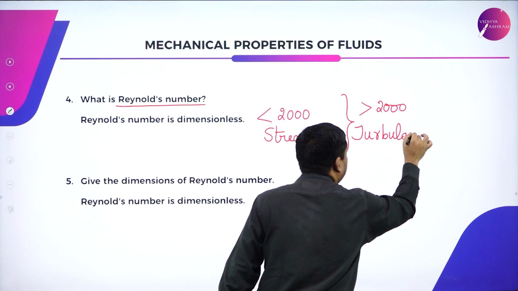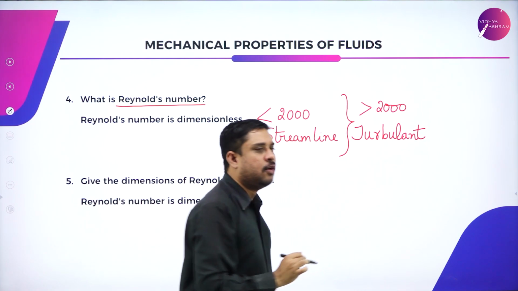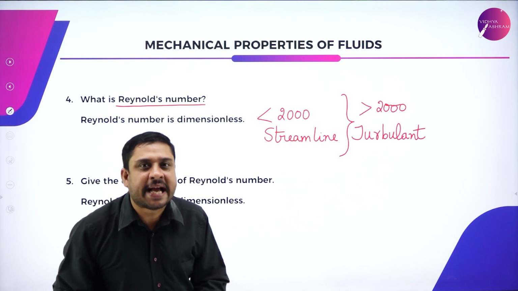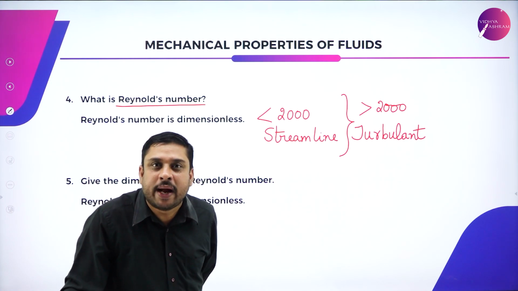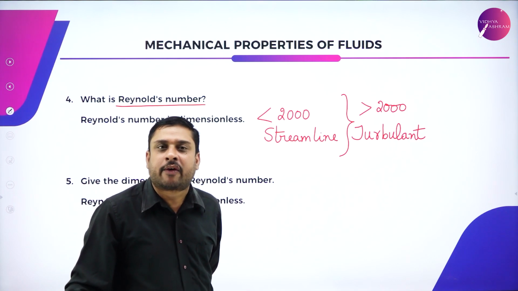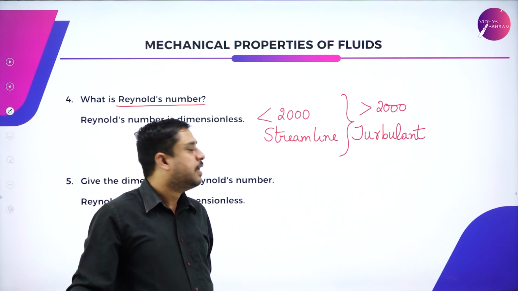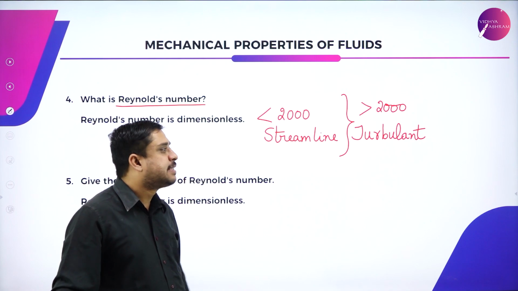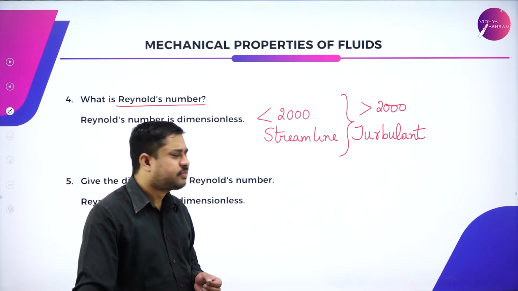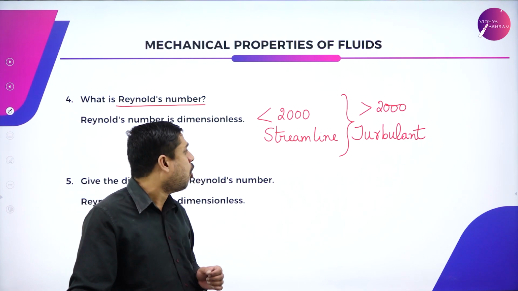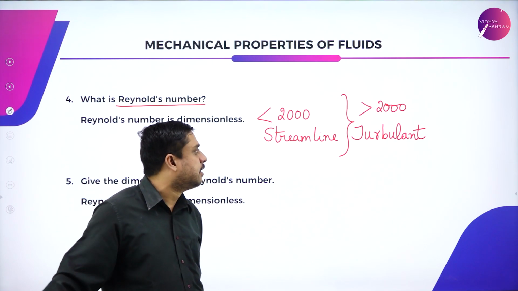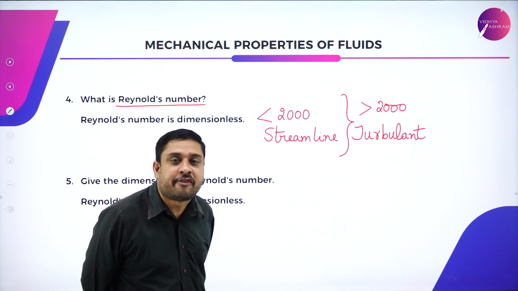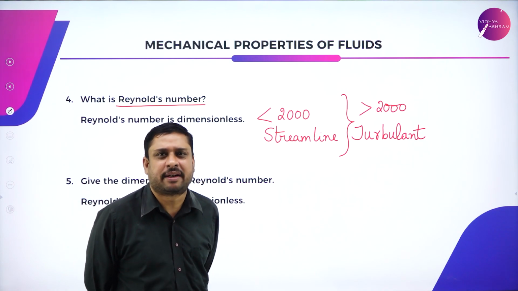So, a number which actually defines the flow of a liquid is called Reynolds number. If it is less than 2000, it is streamline flow. If it is greater than 2000, it is turbulent flow.